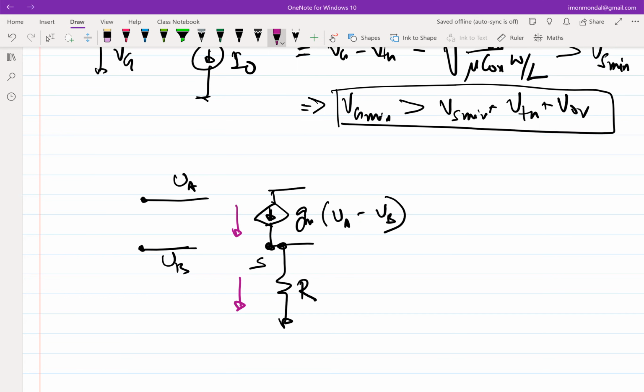Let's say you have no control on VA. VA is fixed. You have control only on VB. Do you need to increase or decrease VB? You need to increase VB, since the source has increased.